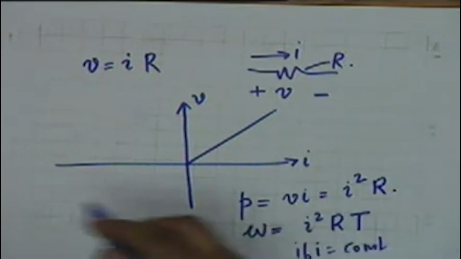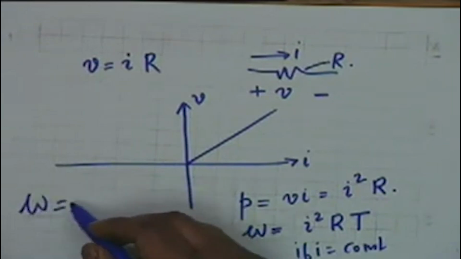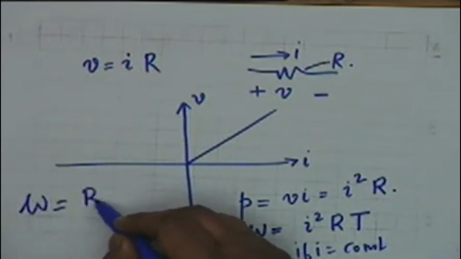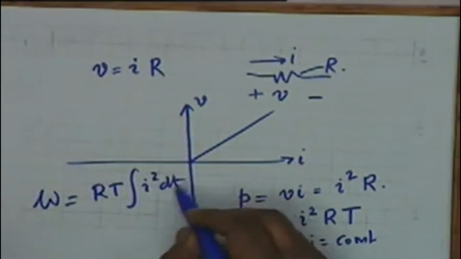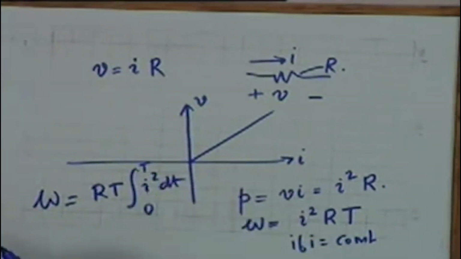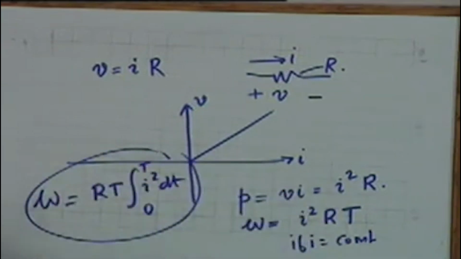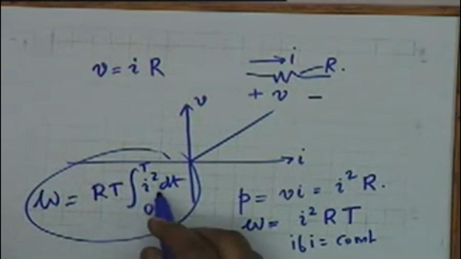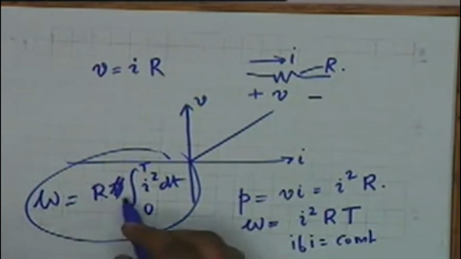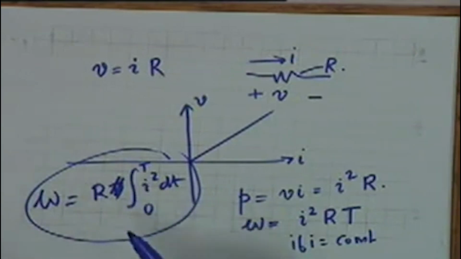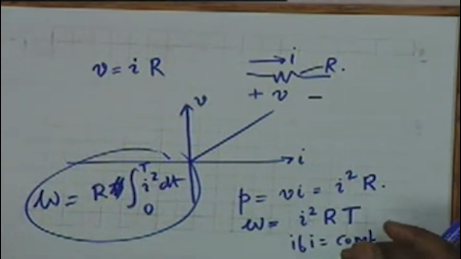If I is not constant, then the general form would be the integral of R I squared dt from 0 to capital T. If the current is a constant, then it will be simply I squared R times capital T.